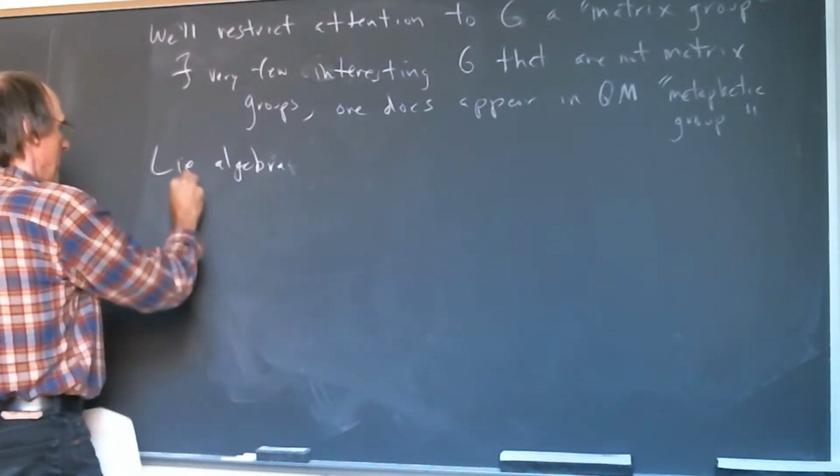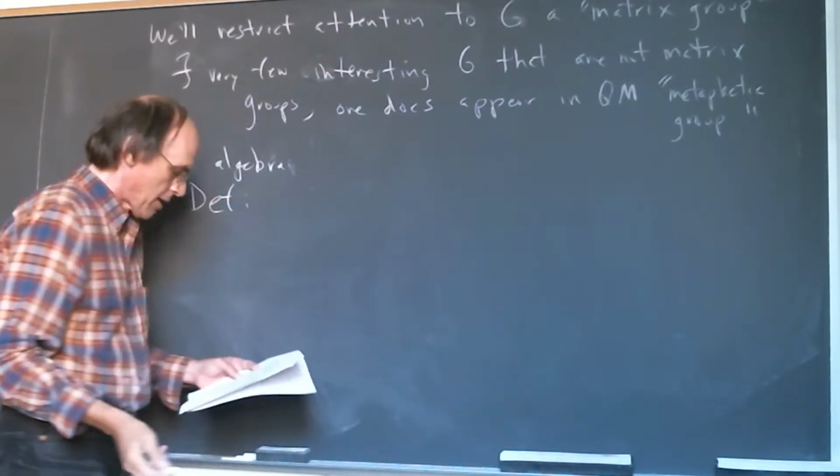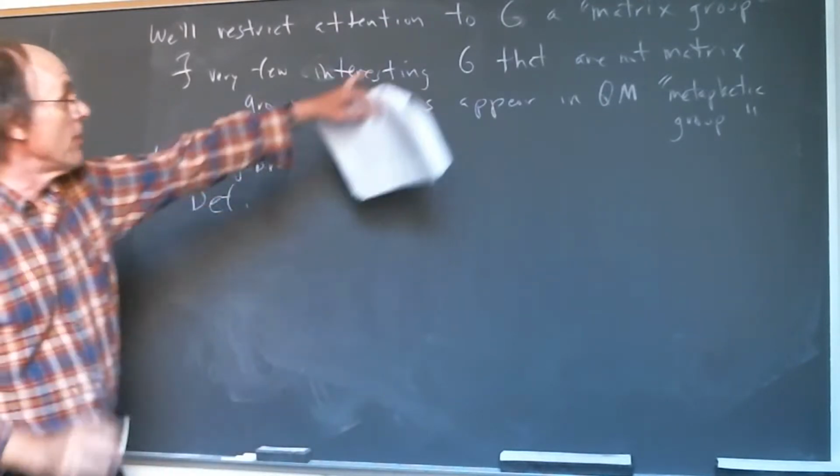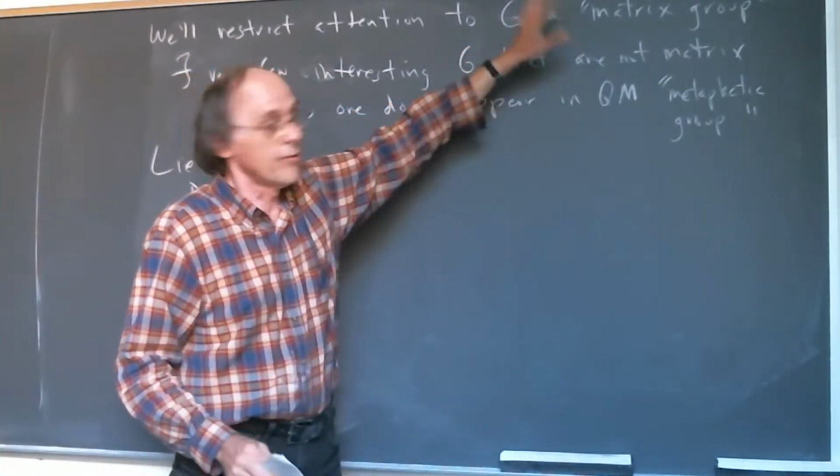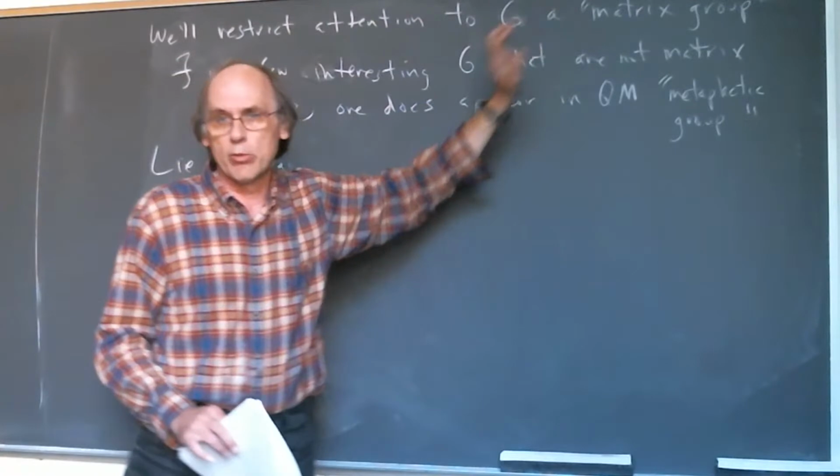So here's the definition. This is for a matrix group, so G is some group of invertible n by n matrices.